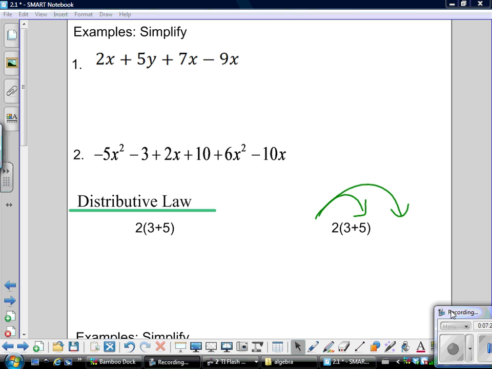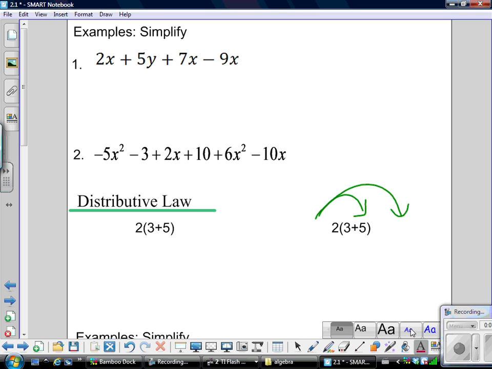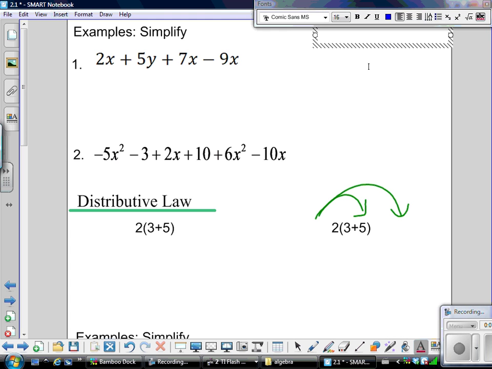In fact, what I'm doing is finding like terms and adding or subtracting their coefficients.